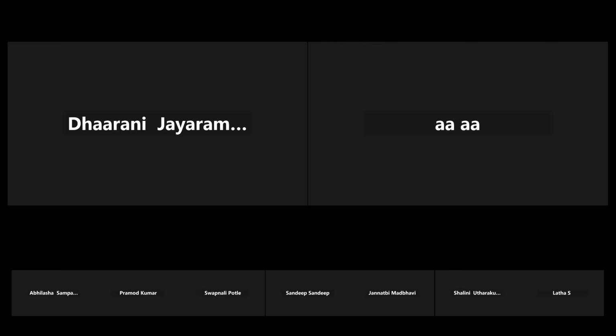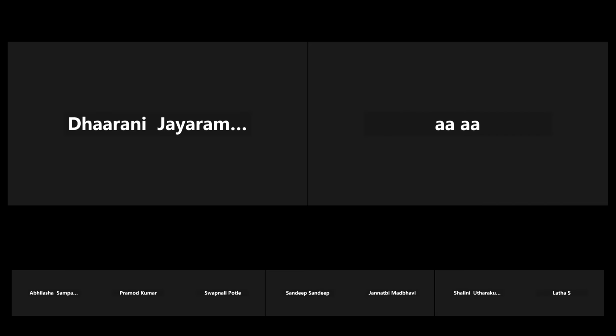Are you able to see my screen? I'm able to see only a black screen. Not sure whether everyone else is seeing. One second.